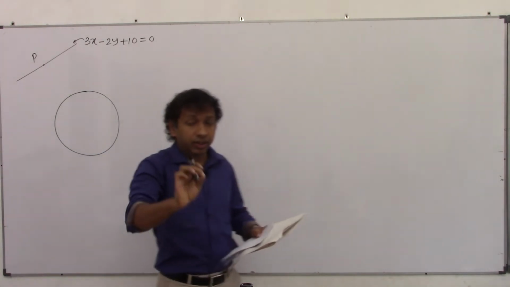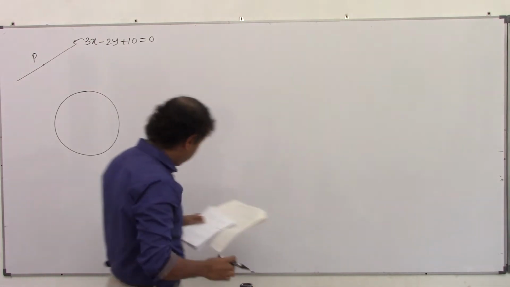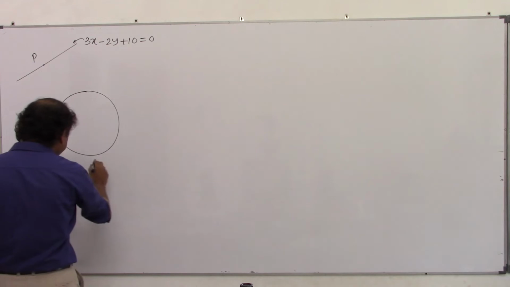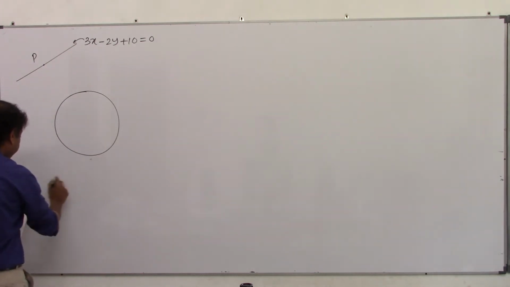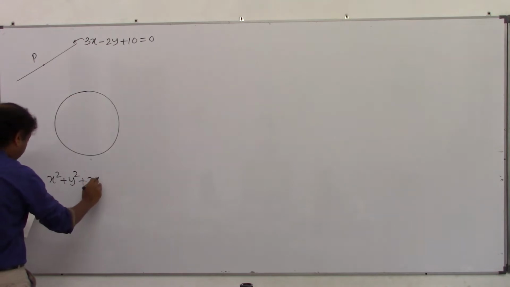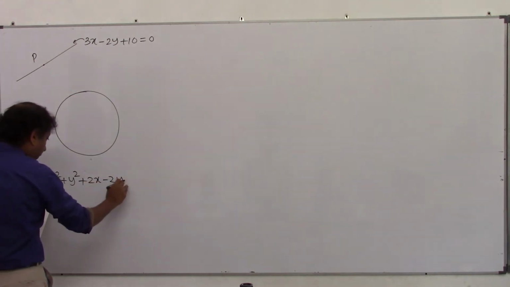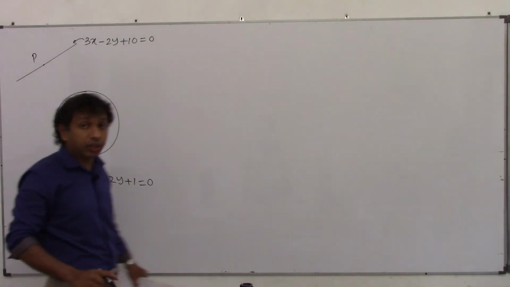I divide that equation on both sides by 2 and then the equation we get is x squared plus y squared plus 2x minus 2y plus 1 equals 0.